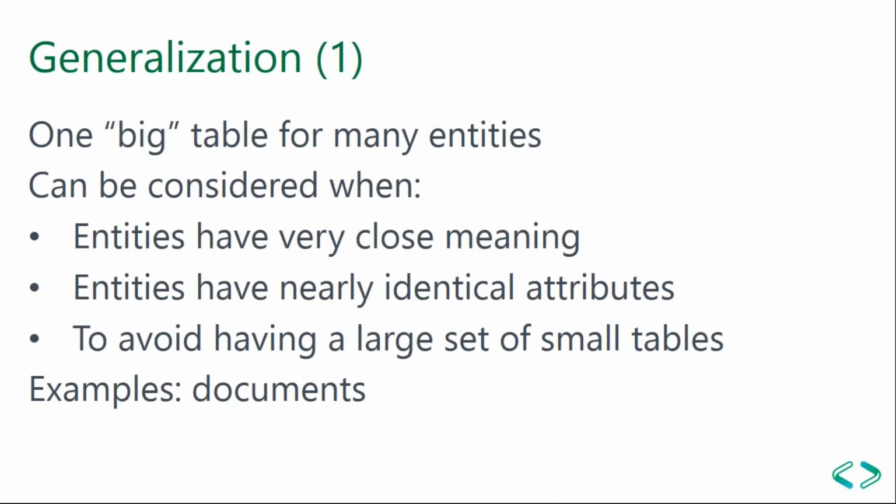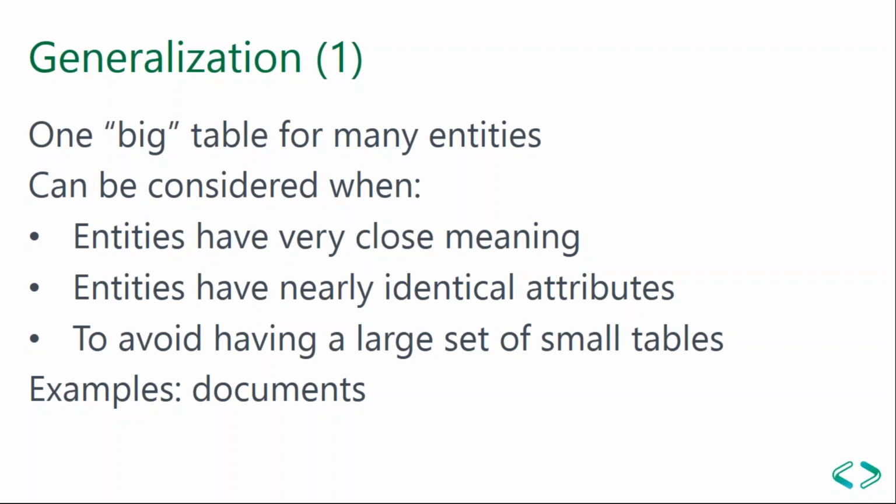Another case is generalization. Maybe you can find a situation when you have some set of entity tables that have very close meaning, very close sets of attributes, and you want to have just one place where you can place all this data. For example, documents.